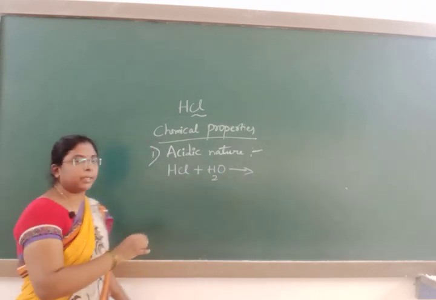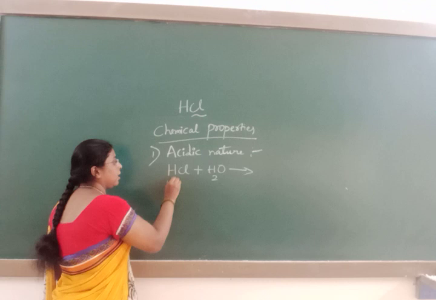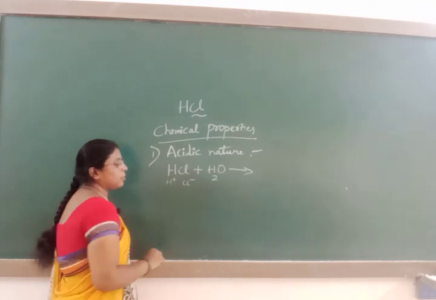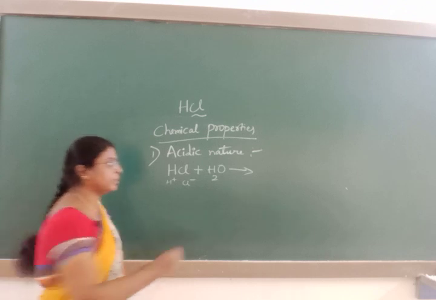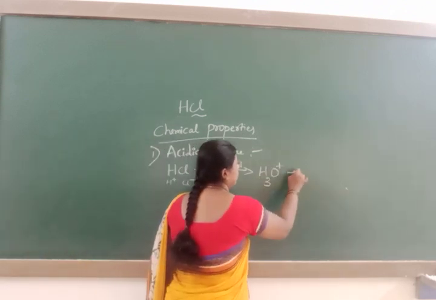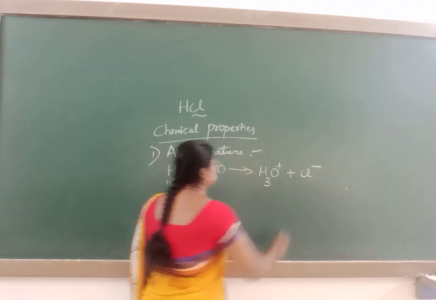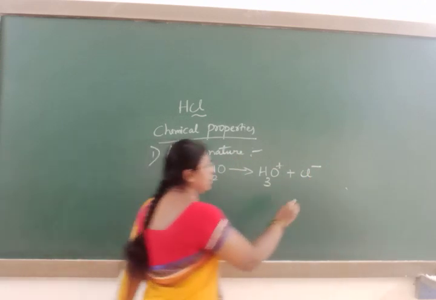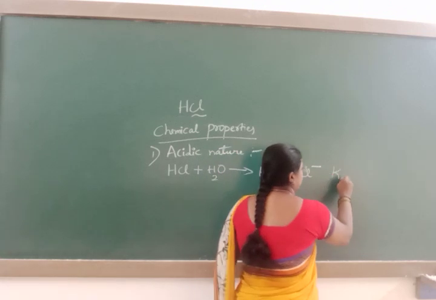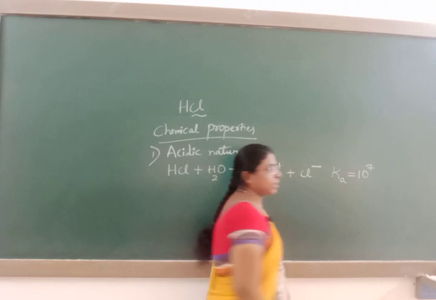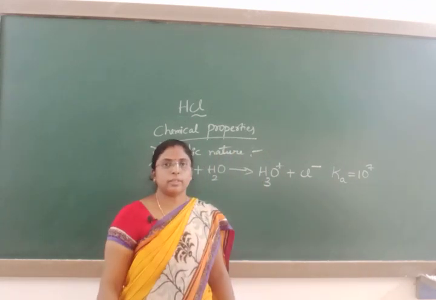HCl will split as H plus as well as Cl minus. H plus attacks water to form H3O plus. H3O plus is known as hydronium ion. Along with that, Cl minus is obtained. Here Ka, the acidity constant, is 10 power 7. Higher the Ka value, stronger is the acid.